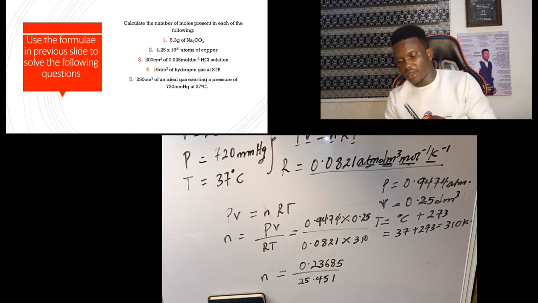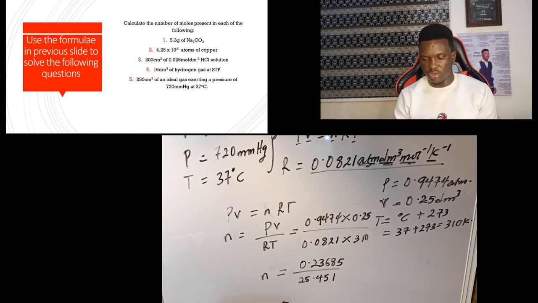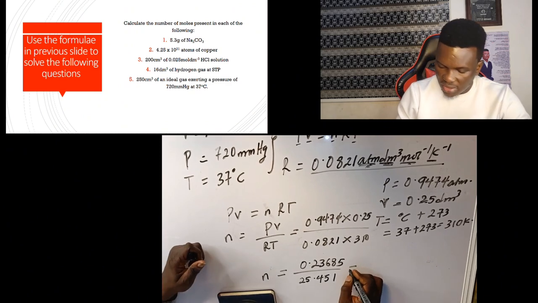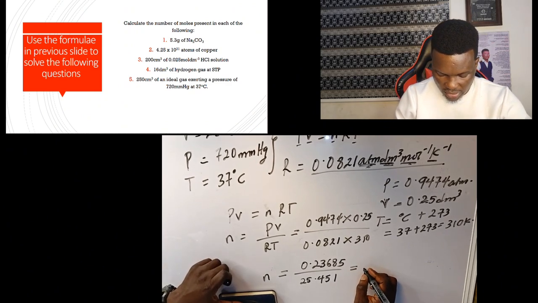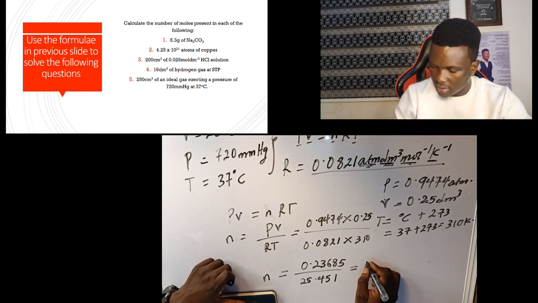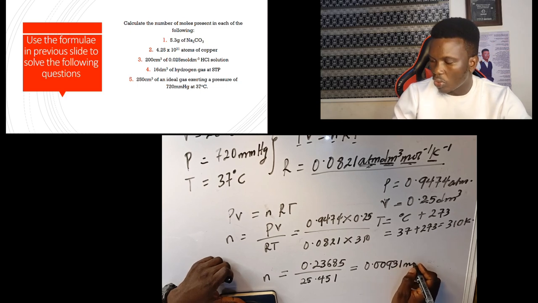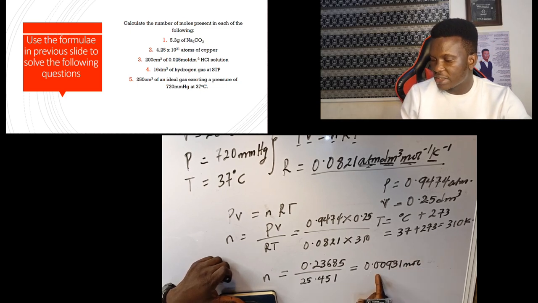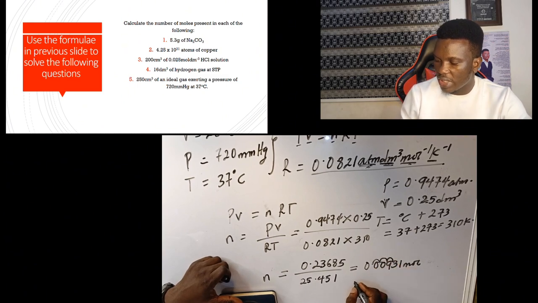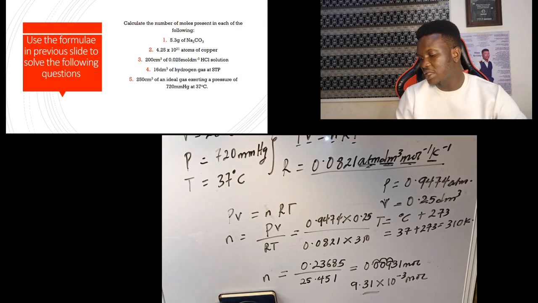So let's divide that by 25.451, and that gives us 0.00931 mole. Or you simply write that in standard form, so that can be 9.31 times 10 raised to the power minus 3 mole. So that is that about that.